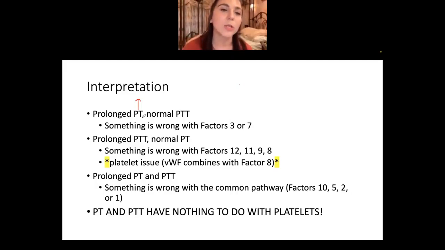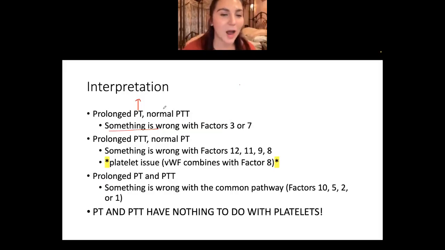So if you have a prolonged PT, a prolonged prothrombin time, that means it is taking a longer time to clot. So if the PT is prolonged, but the PTT is normal, this can only be an extrinsic pathway problem, right? Because the common pathway is in both.